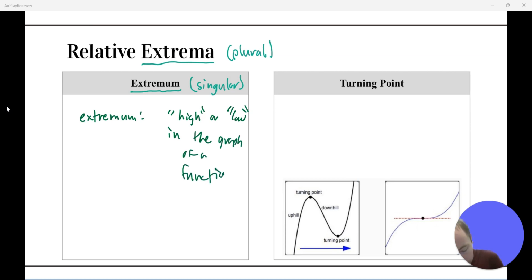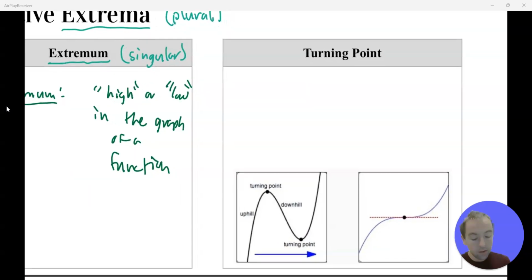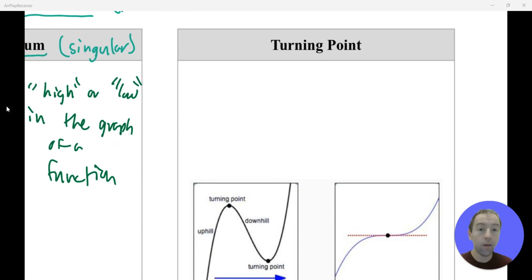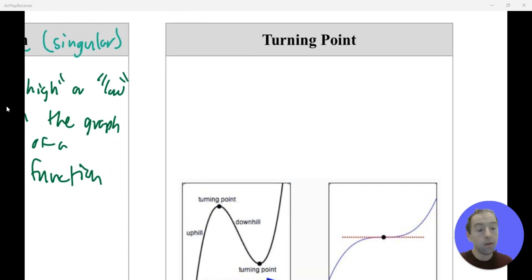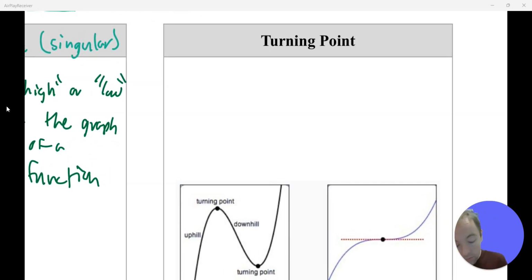So really, you're just kind of looking for maximum points, right? Like the top of a mountain, and you're looking for minimum points, so like the bottom of a valley, per se, right? So one thing that can allow us to more mathematically define extrema is to refer to turning points of the graph of a function.